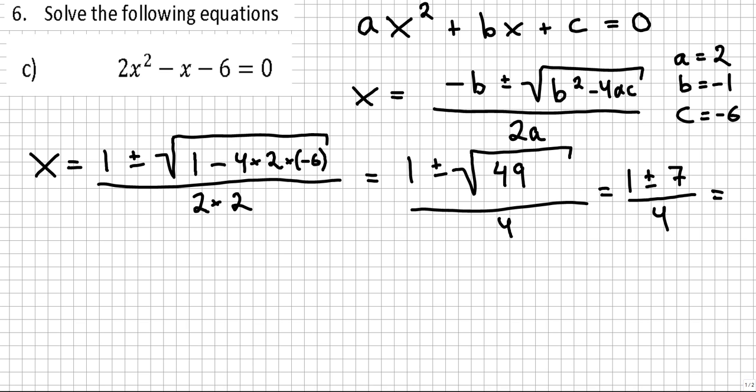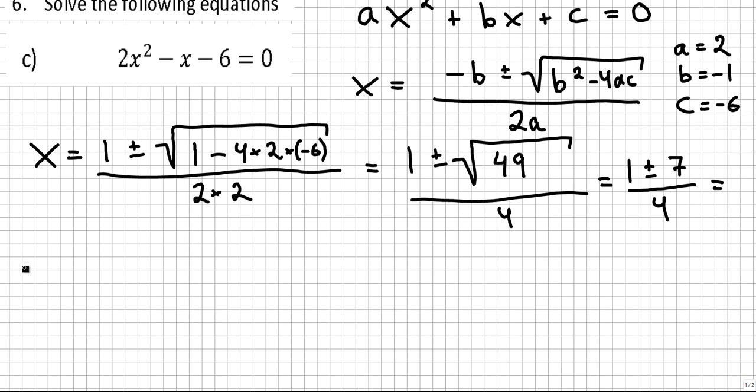Let's continue on the next row. We can split this up, so we can write 1 over 4 and then plus minus 7 over 4.